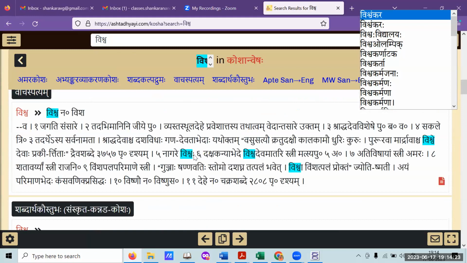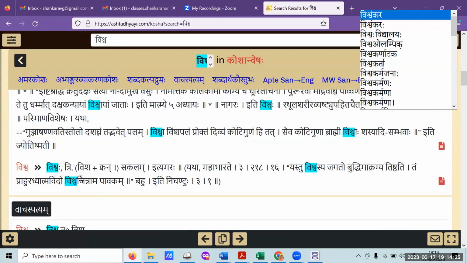Somewhere you have to find what's the gender. If we don't, we could be wrong. What does it say here? This is Trilingi. But the meaning is Sakalam. Not the same meaning as the world. All. Vishve Devaha means all Devatas. That's different. That's a pronoun, declined like Sarva. This Vishwa is different. So assume it is masculine, okay? For now, let's assume it's masculine.